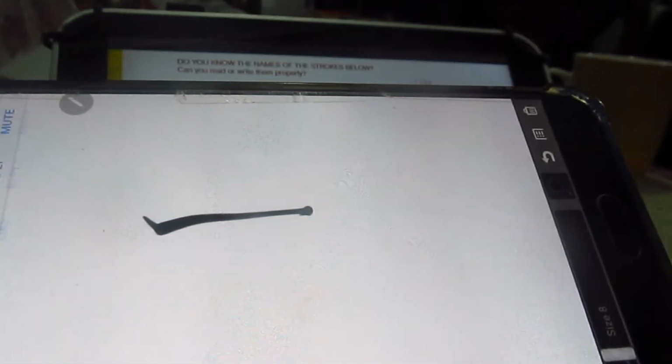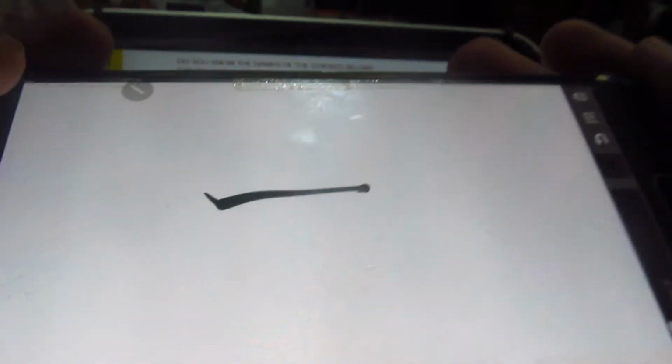And the preferred way of writing the hung is this: you start at the left, press your brush or pen, then move gently, and at the end you put pressure on it, something like that. However you like it, no? So that's how you write the hung, or the horizontal stroke.